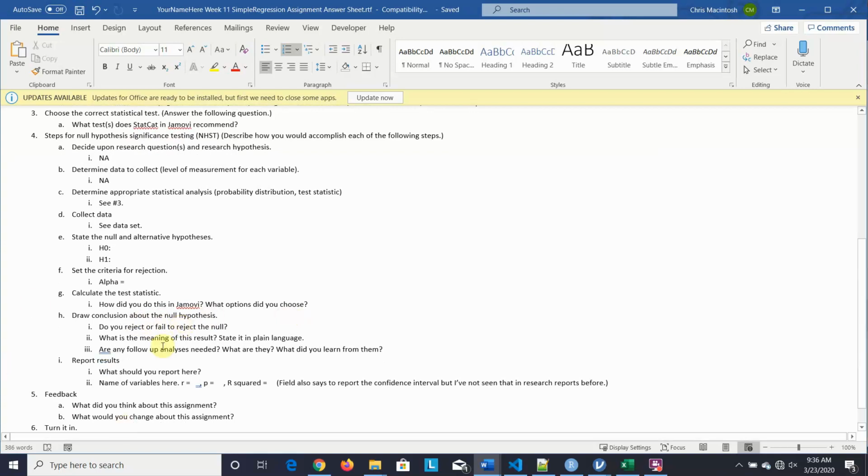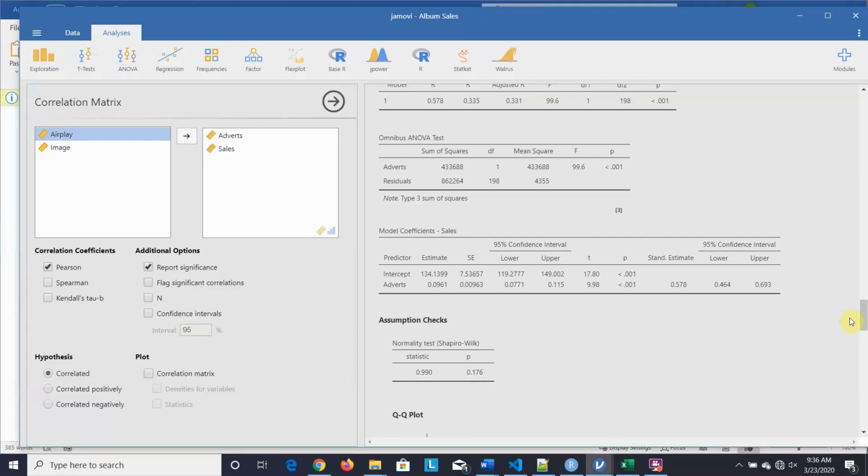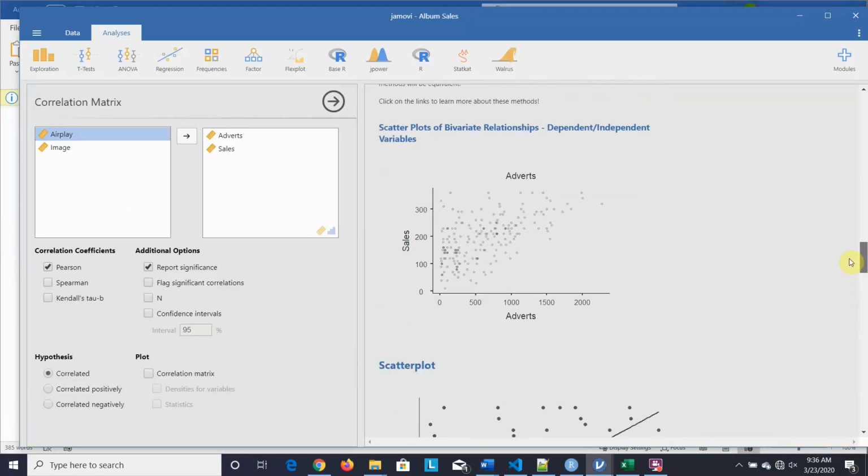And so what are we going to report here? I would report our big R squared and our F with our degrees of freedom, which we saw on our output for our F statistic.